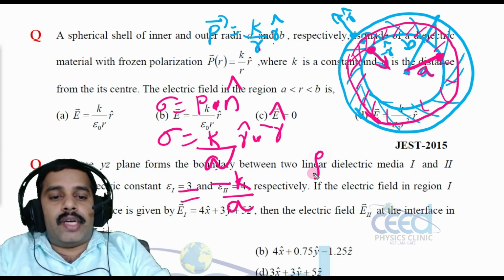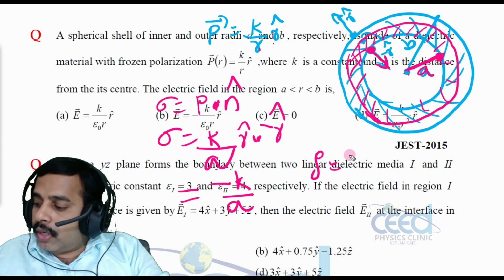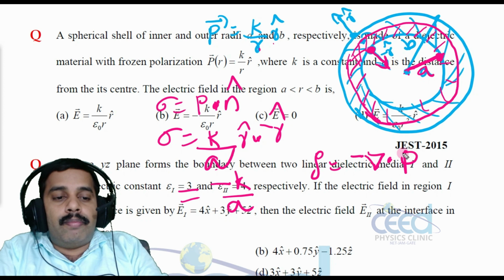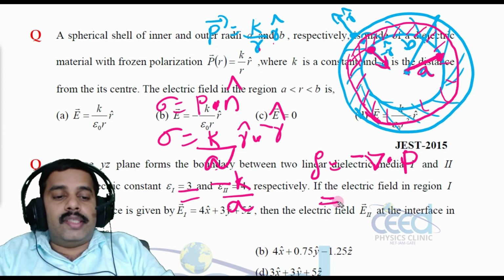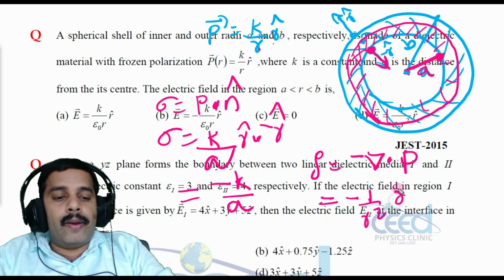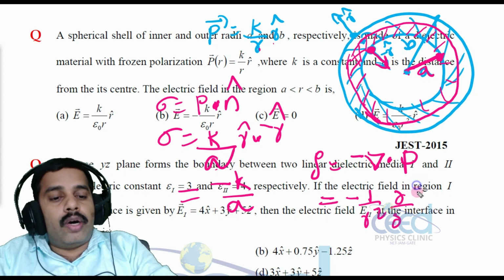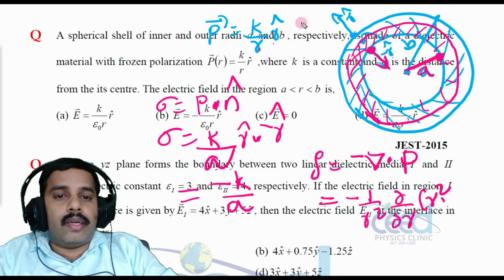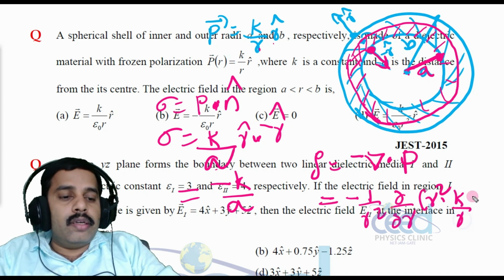What is the volume charge density rho? That is minus del dot P, right? So using spherical polar coordinates, minus 1 by r square, dou by dou r of r square into k by r, r cap.